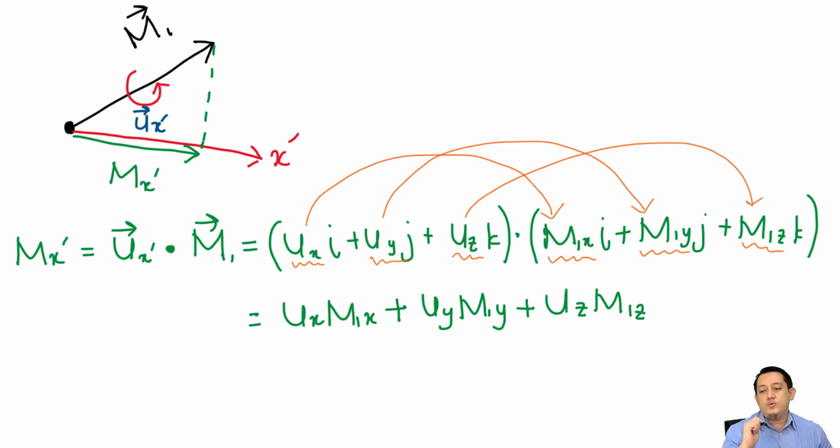So that means ux times M1x plus uy times M1y plus uz times M1z. This is how you calculate the moment about a specific line.